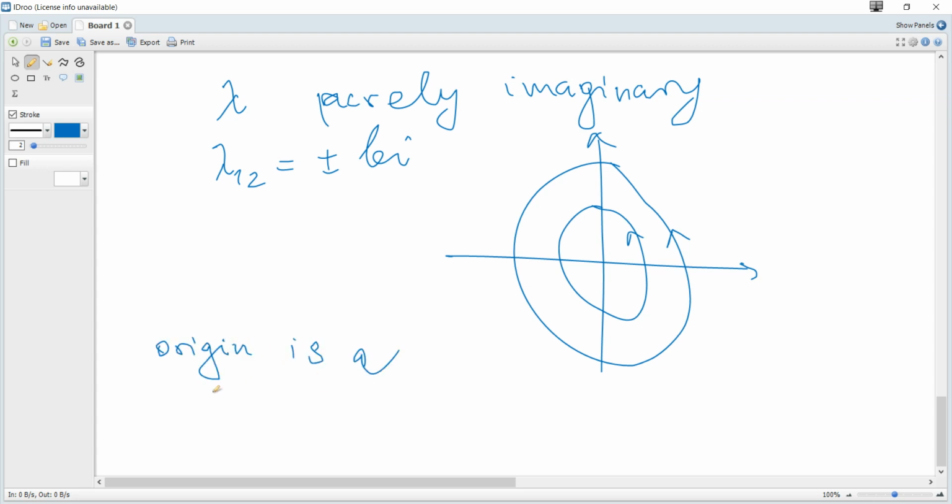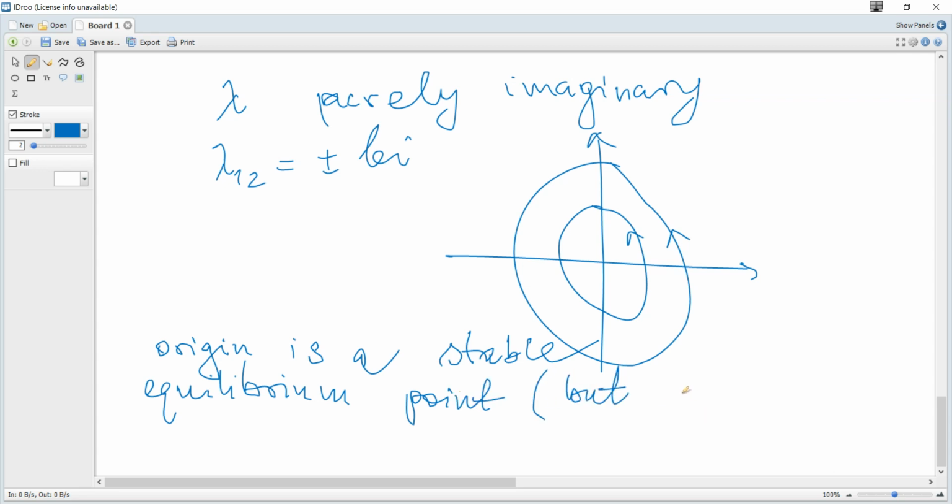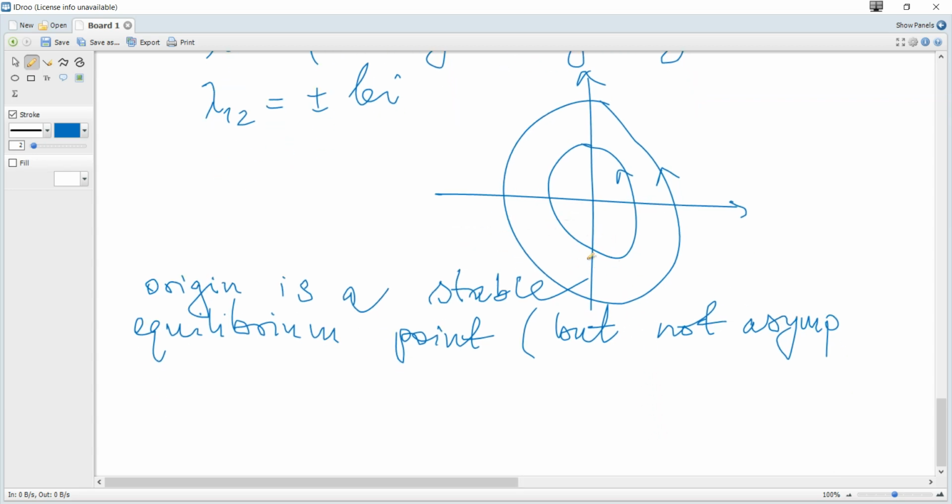So here the origin is a stable equilibrium point, but not asymptotically stable. So the system is not asymptotically stable. It means when t tends to infinity, the system doesn't tend to some limit. So the system is unstable asymptotically, but there is a stable equilibrium point.